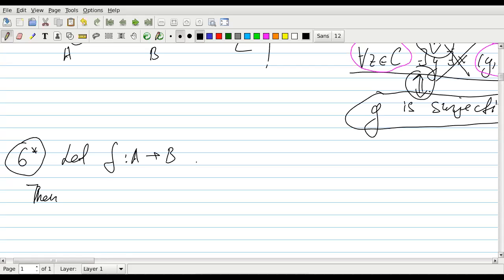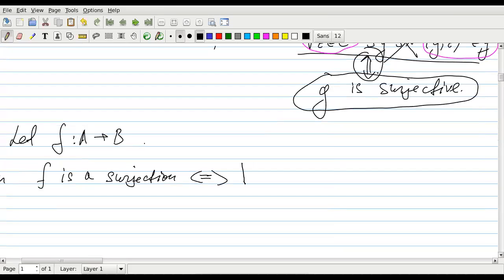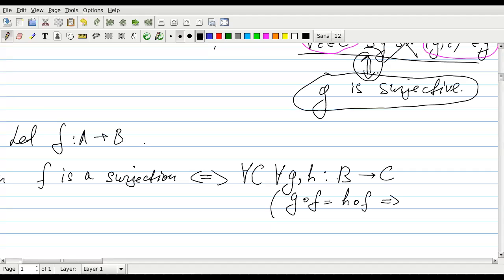Then I say that F is a surjection from A to B, that is, it is surjective onto B, if and only if, and now look at this condition, it is a little bit tricky: for each C, for every functions G and H, whatever they be, from B to C, if these two compositions are equal to each other, then G and H are equal to each other.